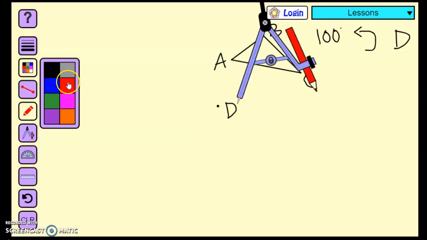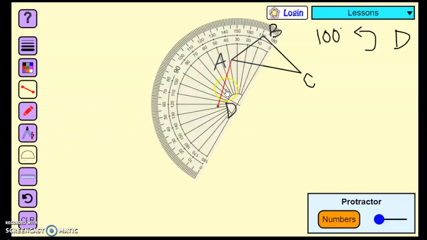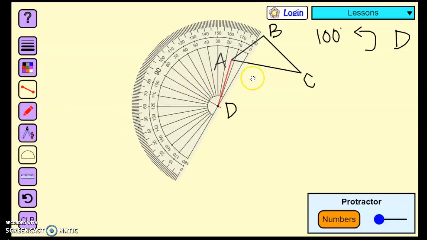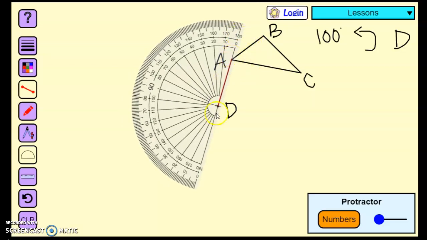So the first thing I'm going to do is look at the distance between A and the center of rotation, D. And now I'm going to use the protractor to create a 100-degree angle between AD and then what will eventually be A prime D. But I'm just going to use the segment tool and go for my center of rotation.